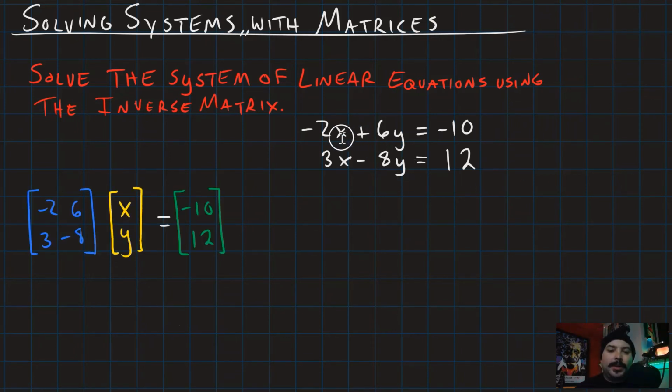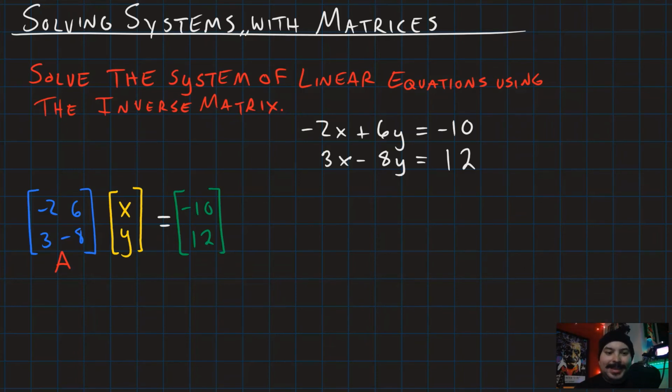So we'll have our 2x2 matrix made of the coefficients -2, 6, 3, and -8. Our variable matrix with x and y, and our constant matrix with -10 and 12. For our purposes right now, we will go ahead and call our 2x2, our coefficient matrix, matrix A.